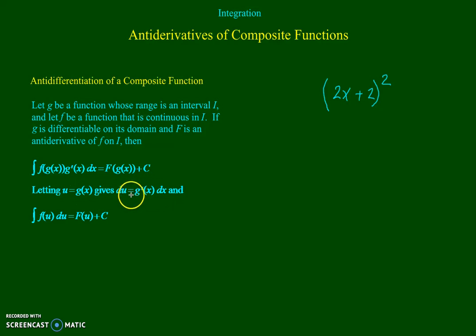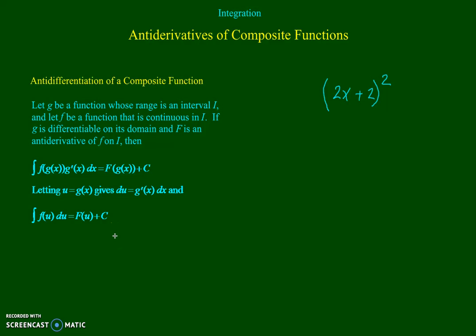And you can then make a substitution. You can replace this g of x with that u, and replace the g prime of x dx here with your du here. And so this integral becomes the integral of f of u du equals the antiderivative of f evaluated at u plus our constant of integration.